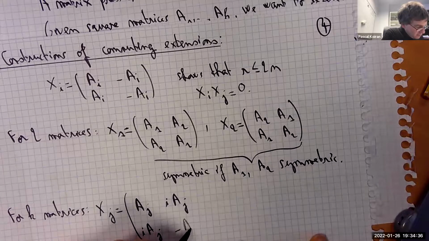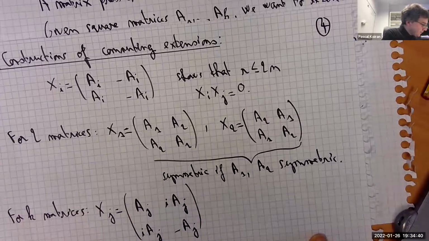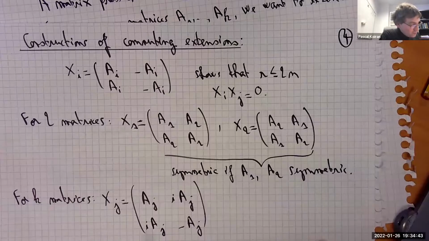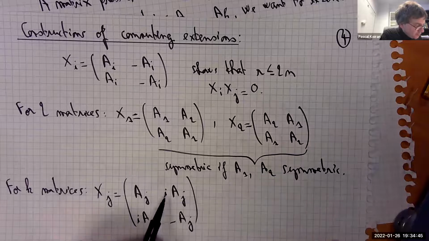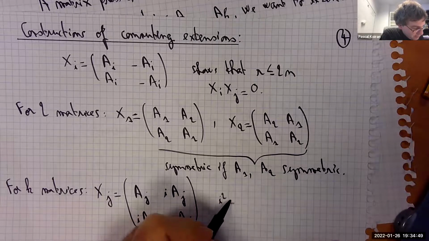I think this is the formula. So we are using complex numbers now. So i is not an index. i is the square root of -1.